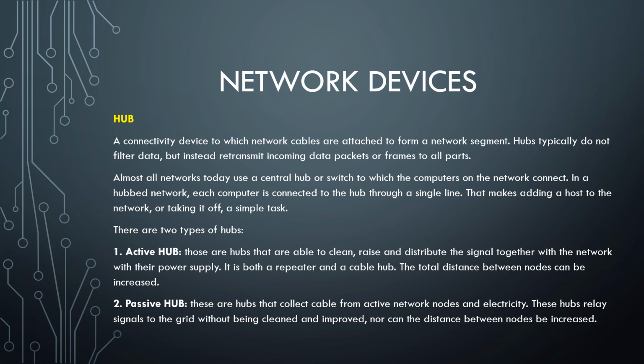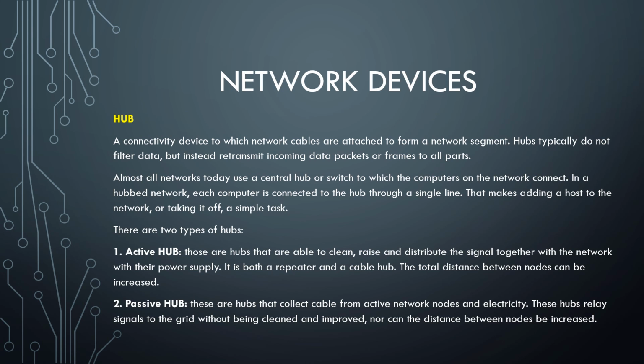But the problem with the hub is that it is not as intelligent as a switch. We will discuss the switch later on, but generally we use either a switch or a hub to connect all the computers in a network. The problem with the hub is that when we connect the computers together using a hub, every piece of information we want to send from one computer to a second computer goes via the hub only.